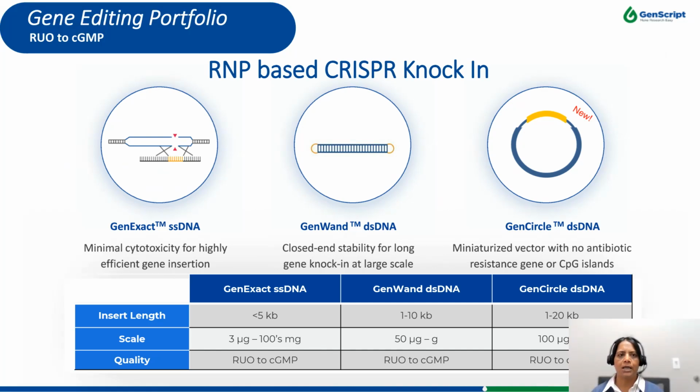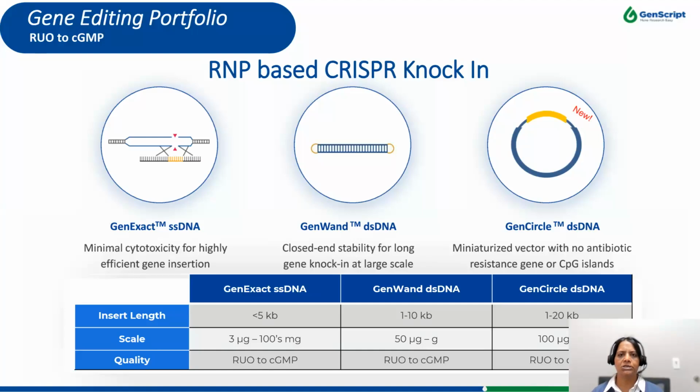To support the RNP-based CRISPR knock-in, GenScript provides high-quality sequence-verified HDR templates in both linear and circular format to enhance the efficiency of CRISPR experiments. And we can support various non-viral applications. One of them is GeneExact single-stranded DNA.